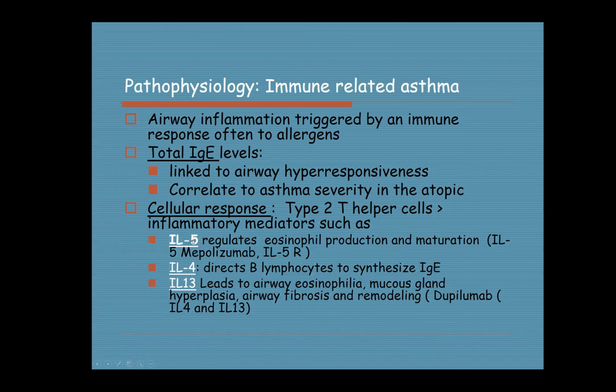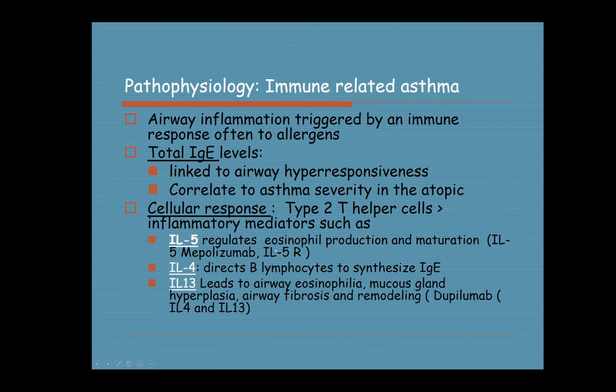So the IL-5 drugs, what do they do? They regulate eosinophil production and maturation. So when you're talking about eosinophil production and maturation, you're talking about blocking that, and that would be something that mepolizumab does.